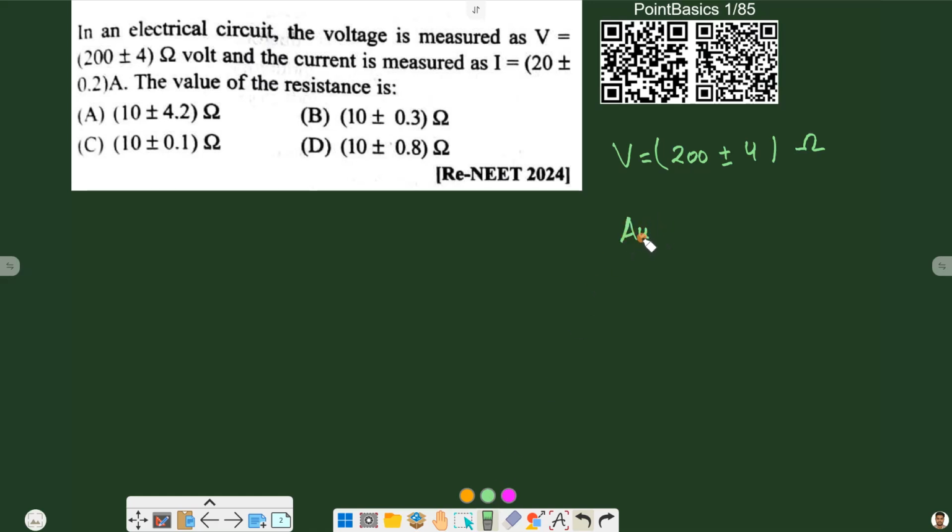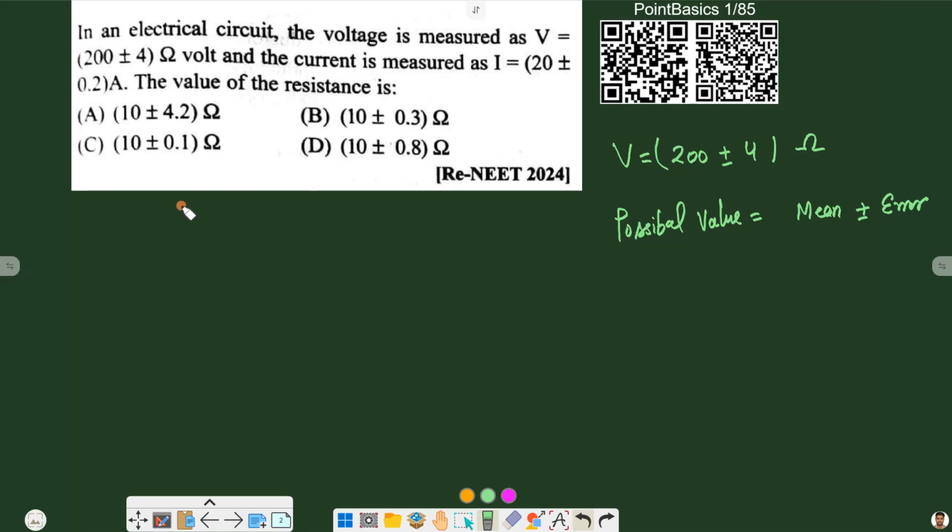Here we have, you can say not actual, possible value. Possible value is equal to mean plus minus error. This is the form in which above expression for potential is written.